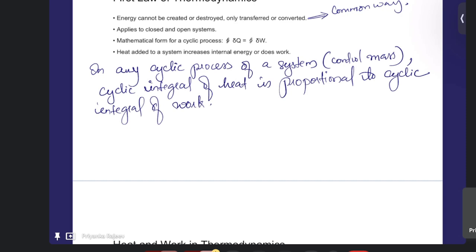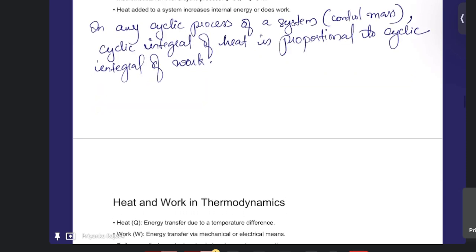Okay. So what does it mean? In a cyclic process of a system, think about property coordinates P1 and P2. P1 here, P2 here.